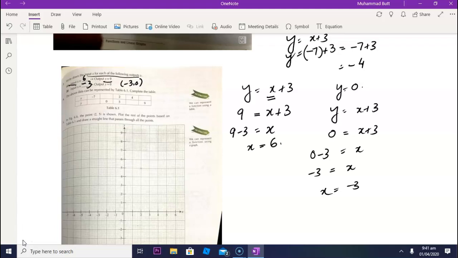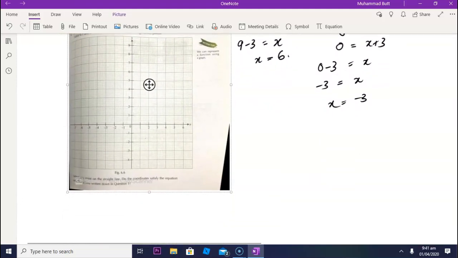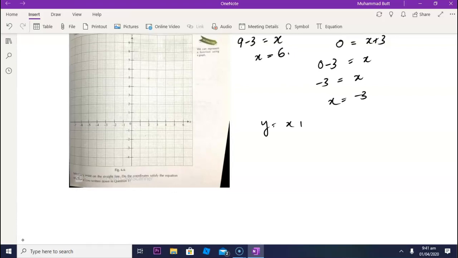In question number 4, they are telling you to complete the table in some of the parts. If the value of x is given to you, you have to find the value of y, and in some of the parts, the value of y is given to you, and you are supposed to find the value of x. When the value of x is given to you, you can use the equation y is x plus 3.